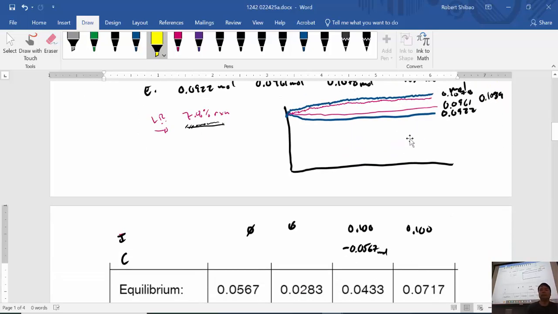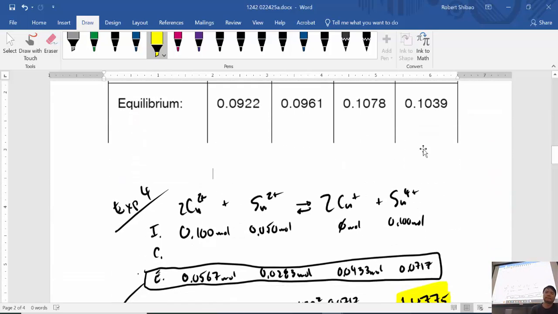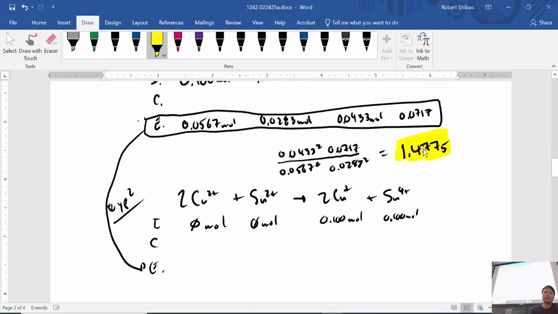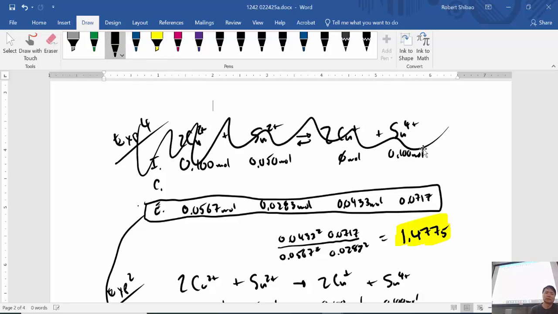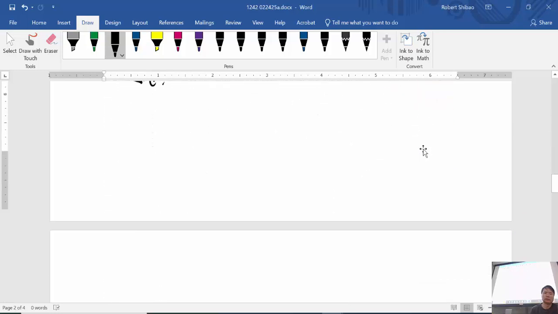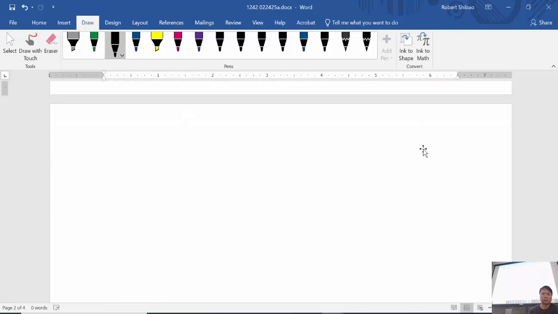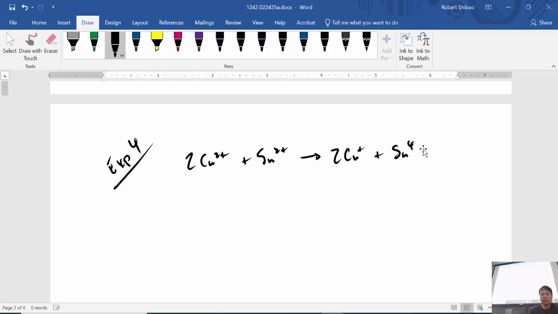And so we're going to make a prediction for experiment 4. So I'm going to rewrite this one here. 2 Cu2+ plus Sn2+ yields 2 Cu plus Sn4+.